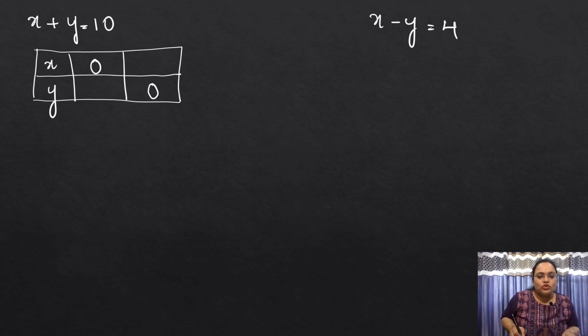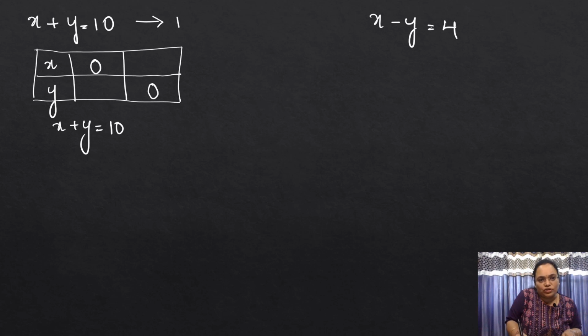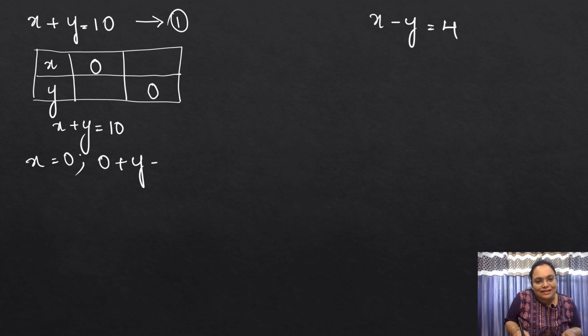The equation is X plus Y is equal to 10. This is your first equation. If you put X is equal to 0, what will you get? 0 plus Y is equal to 10, so you will get Y is equal to 10.